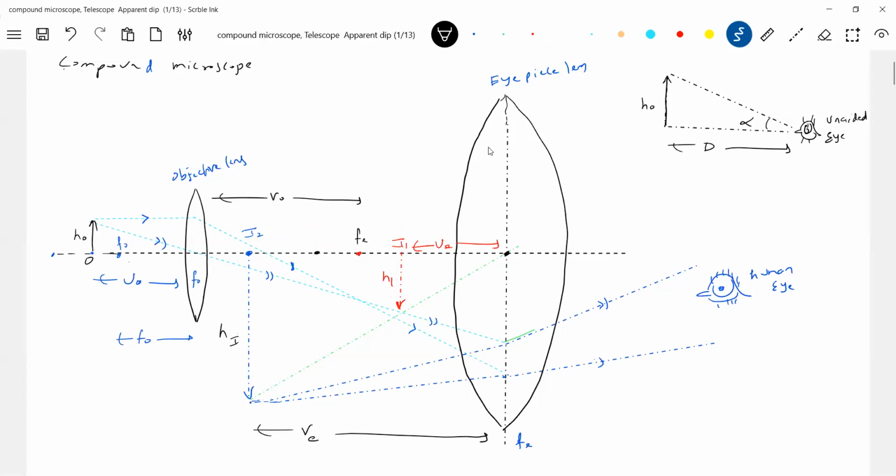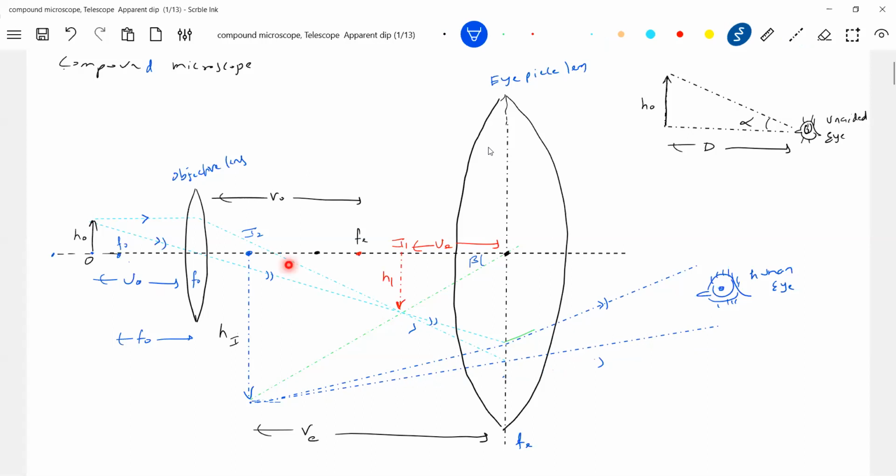This ray, I should bend it. Okay, this is the thing. So this is that beta, which I'll define.